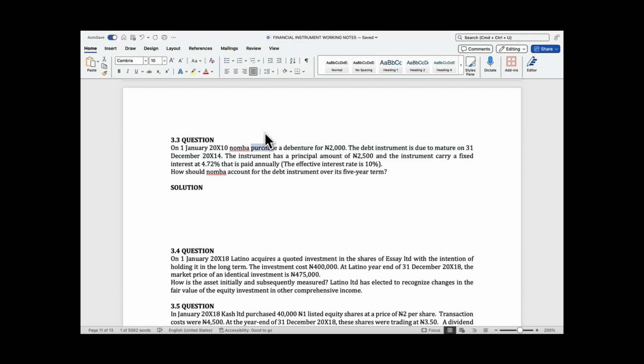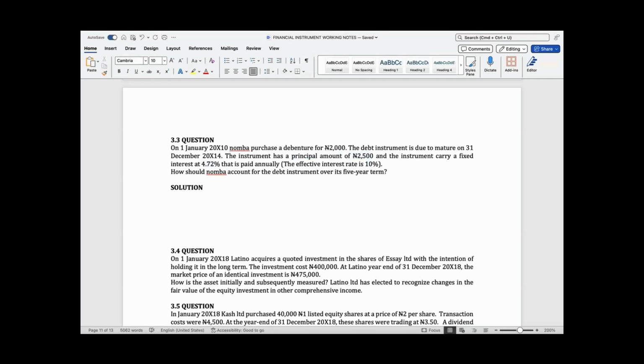That's 5 years. We're told that the instrument has a principal amount of 2,500 and carries a fixed interest of 4.72% paid annually, and the effective interest is 10%. So how do you account for this?